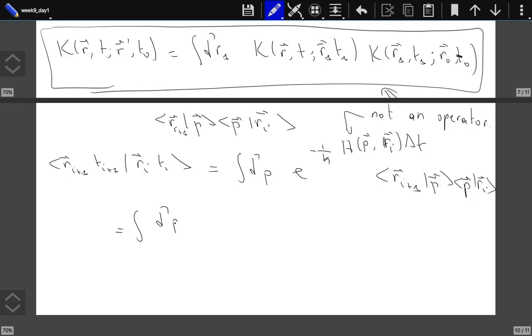This is equal to d cubed p over 2 pi h bar cubed. Well, I know what these are.